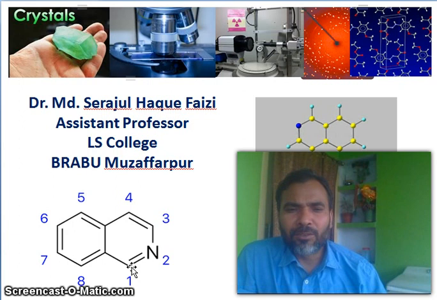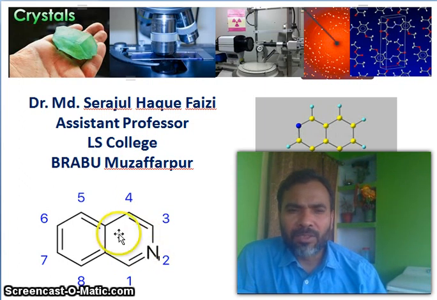And before that, we know naphthalene. This is naphthalene. Naphthalene is not a heterocyclic compound. But if you introduce nitrogen here, it becomes quinoline. If it is here, meaning position 2, it becomes isoquinoline.